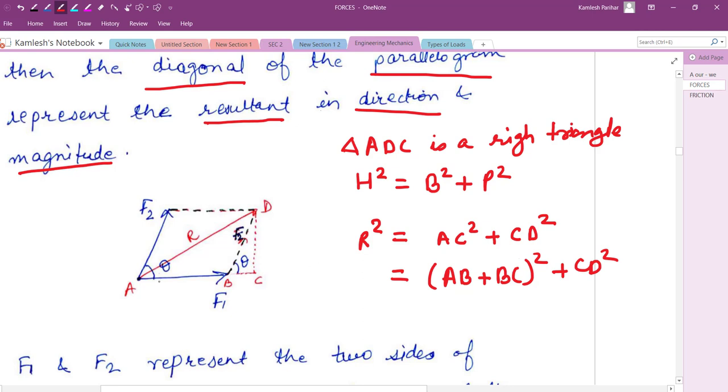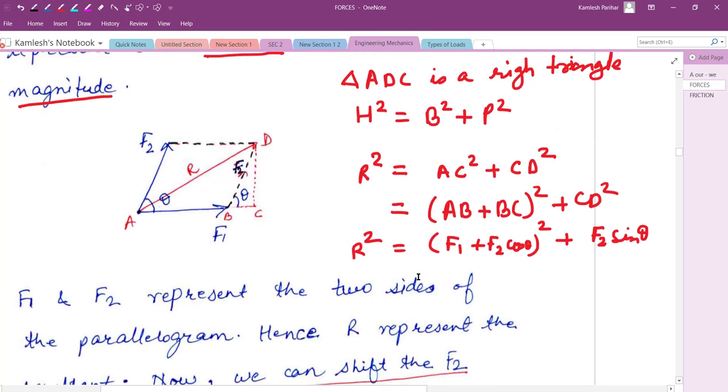Now in this figure, AB is F1. BC is F2 cos theta, so F1 plus F2 cos theta, whole square, plus CD square. CD is F2 sin theta. This theta is given to us. So this equals R square.